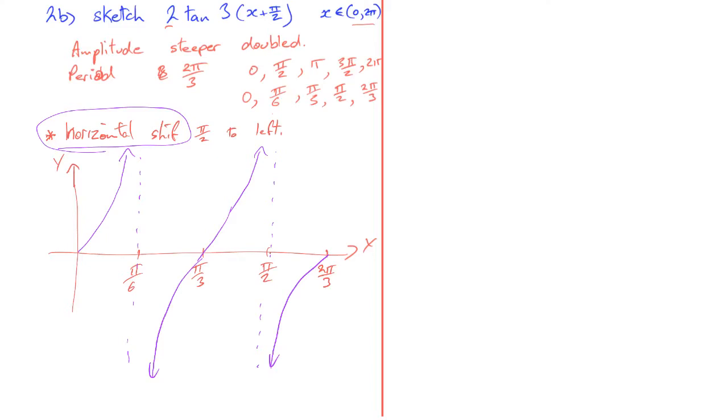So pi on 2, this asymptote has to move pi on 2 to the left. So it's just as if I'm shifting everything. Remember, every 2 parts, we have our shift.